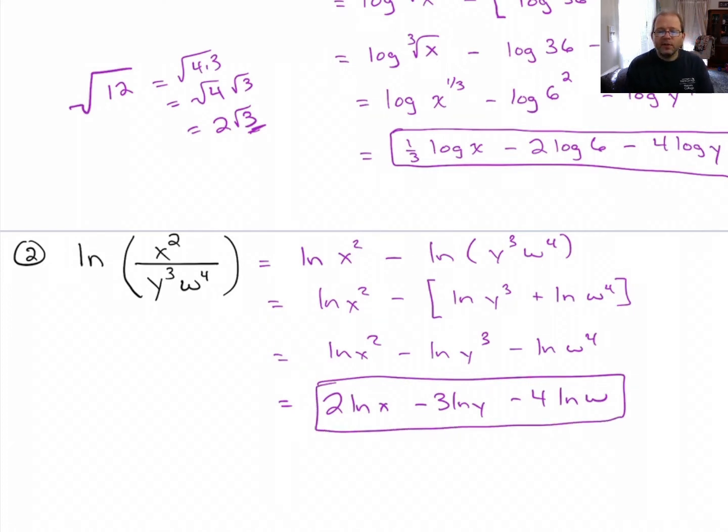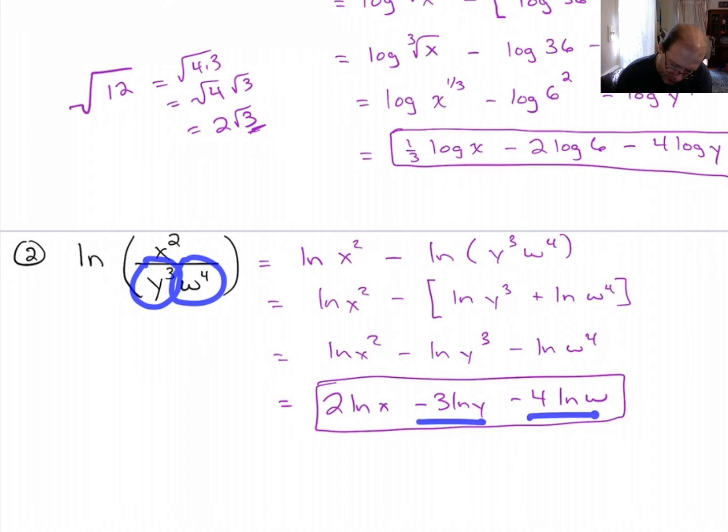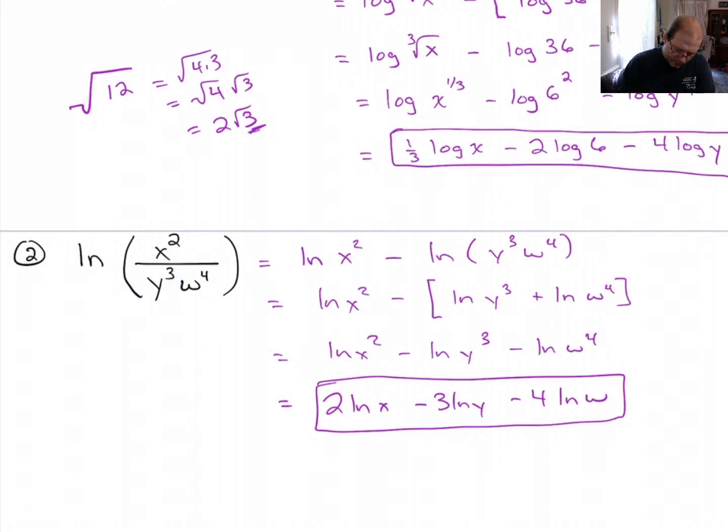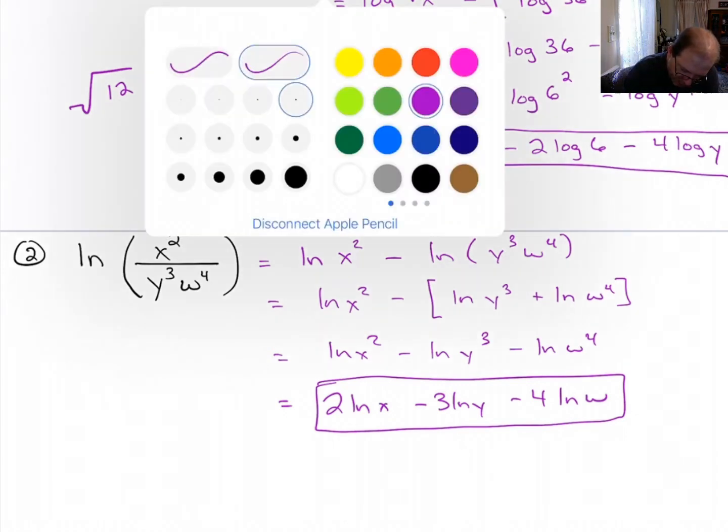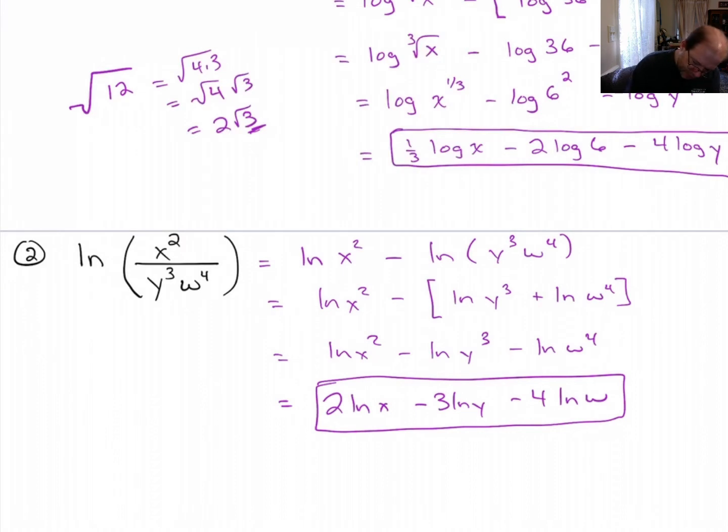Now that's writing out all the steps. But notice what happens here. The term on top gives us this log. And down here, each of these terms give us a negative log. So if you just look at this and see the pattern, you can go from the original straight to the answer.